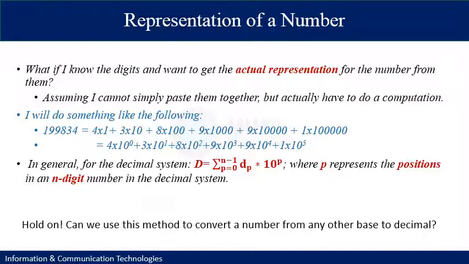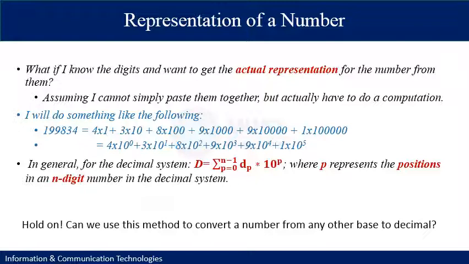So what if I know the digits and want the actual representation of a number from them? Assuming I cannot simply paste the numbers together, but actually have to do the computation. For each location, as mentioned in the previous few slides, we have to multiply the digit by its base to the power of its location.